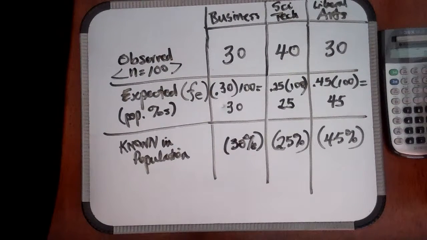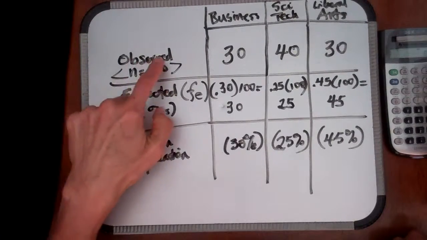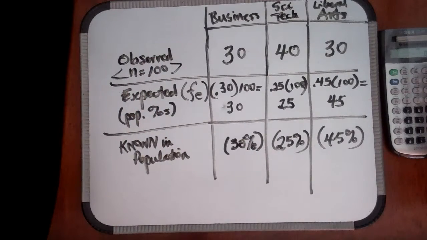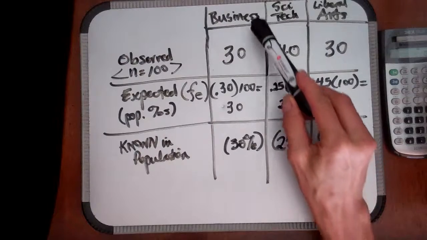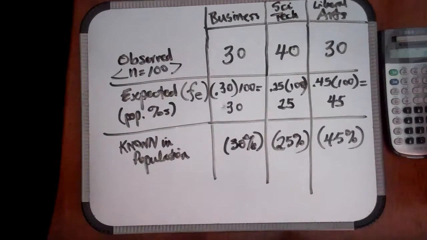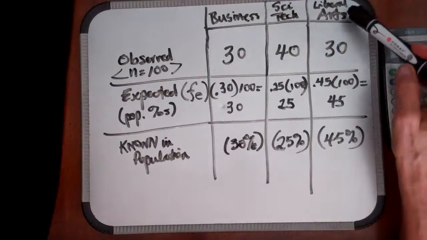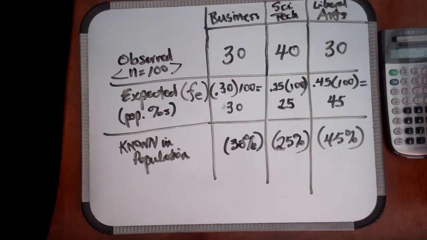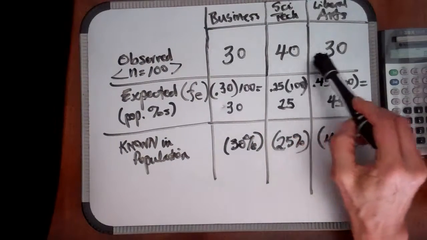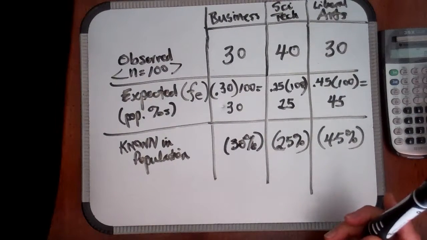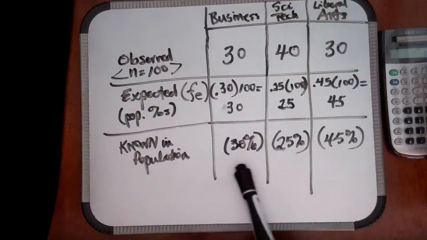At your university, you have sampled 100 students, N of 100, and you've observed that 30 out of 100 students have reported majoring in business-related areas, 40 of the 100 in science and technology-related areas, and 30 of your 100 in liberal arts-related areas. So you want to know whether or not the observed frequencies at your university differ significantly from the known population proportions that have been previously reported.